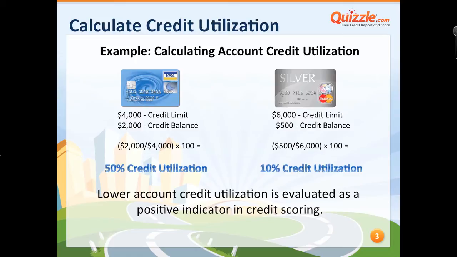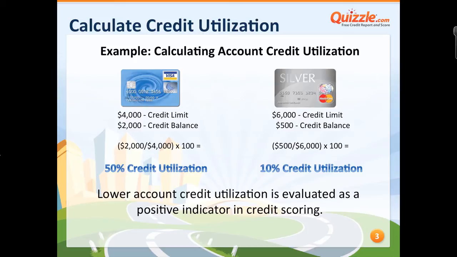Now I'm going to look at my second credit account, which is a MasterCard, and I take the same numbers, which in this particular case is $6,000 for my credit limit and $500 for my credit balance. And I'm going to divide that $500 that I'm using by the $6,000 of total available credit that I have on my MasterCard. Take that number, multiply it by 100 to give me a percentage.